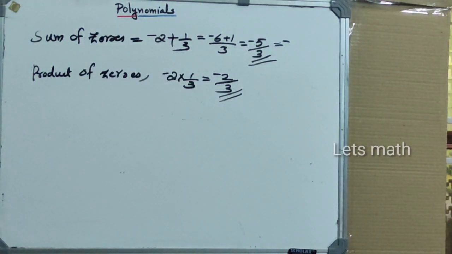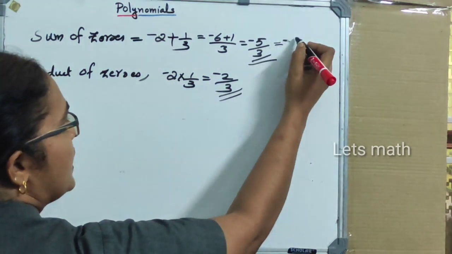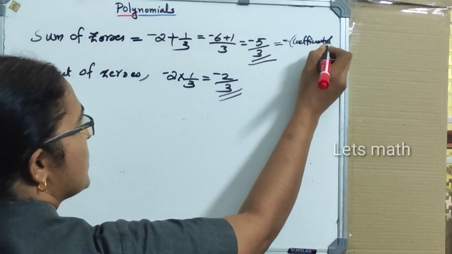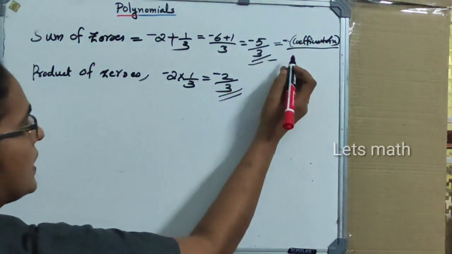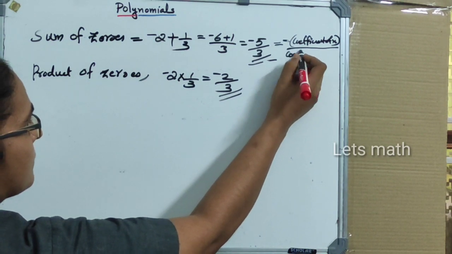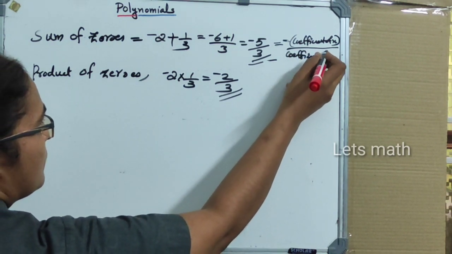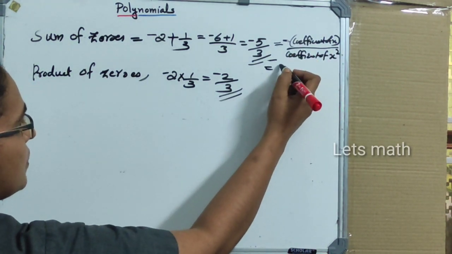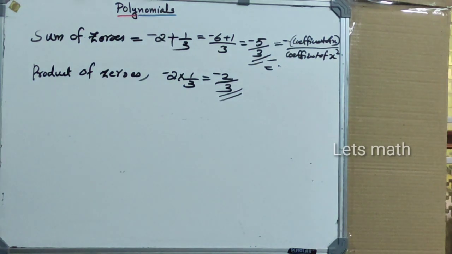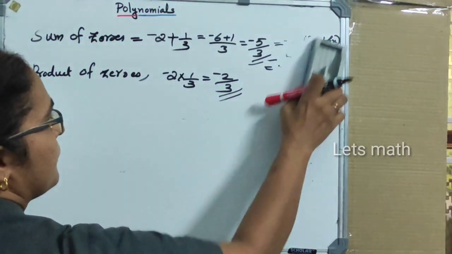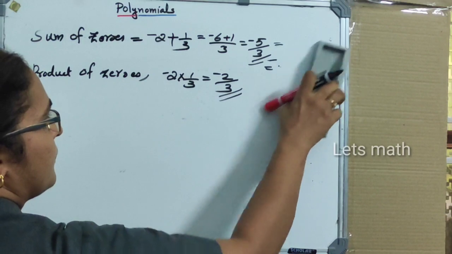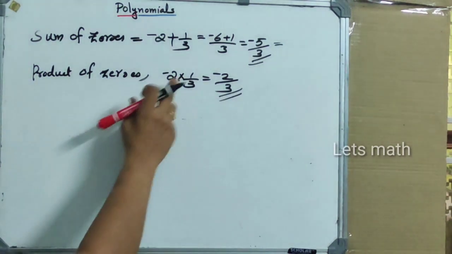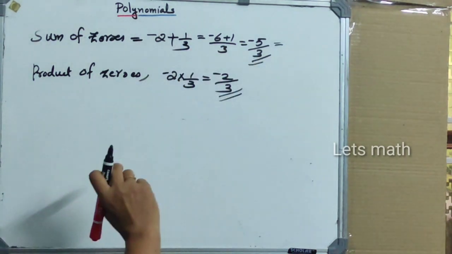Now minus 5 is the coefficient of x, and this 3 is the coefficient of x square. And here the sum of the zeros is equal to minus 5 by 3.